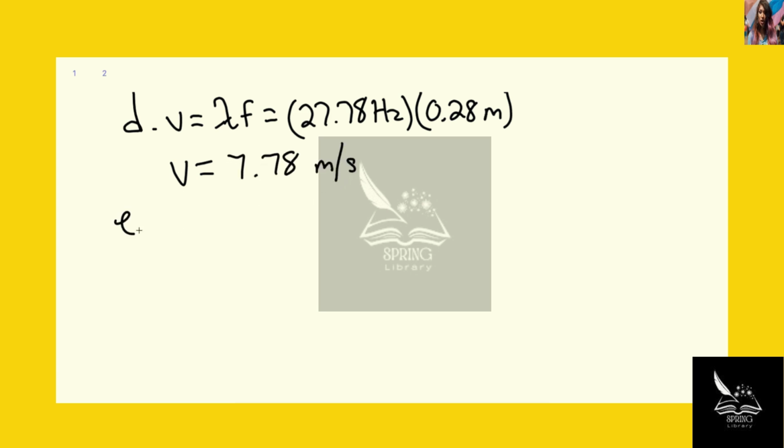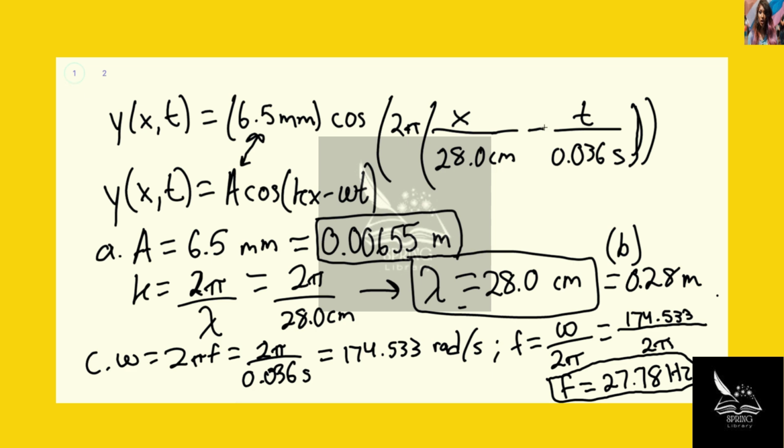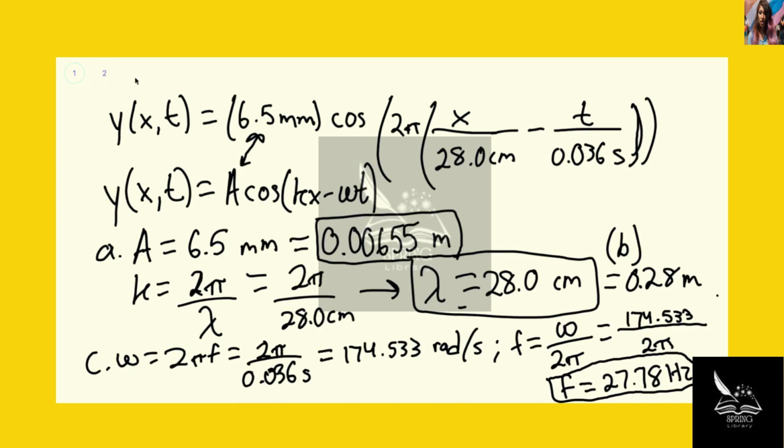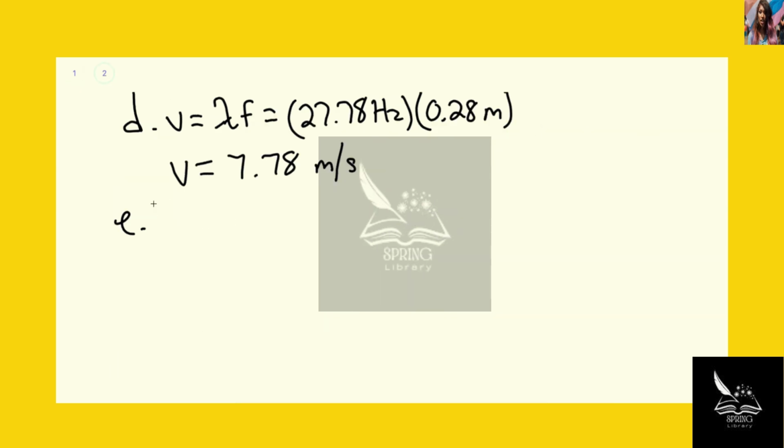And then E is asking us where the wave is traveling. Well, we can see in the equation that we have a negative here. This being negative right here means that the wave is traveling in the negative x direction.